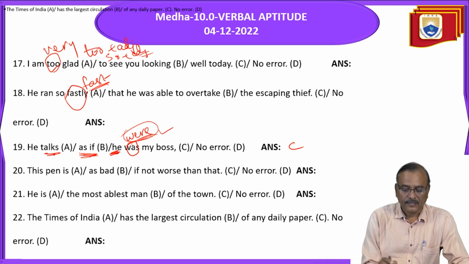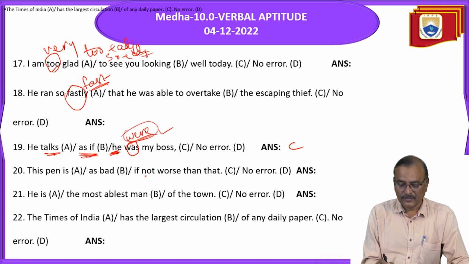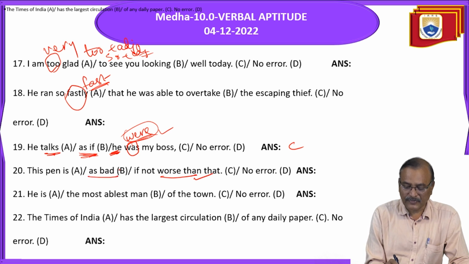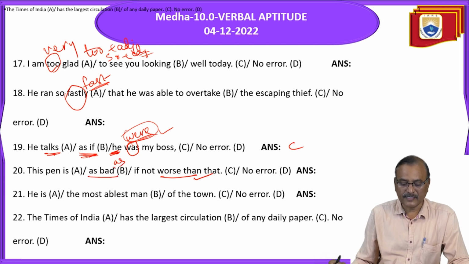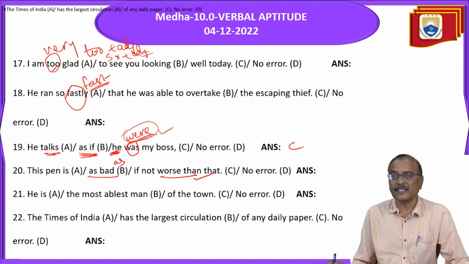Right? Next. This pen is bad, if not worse than that. Here two degrees are used. "If not worse than", so it should be "as bad as". This pen is as bad as, if not worse than that.